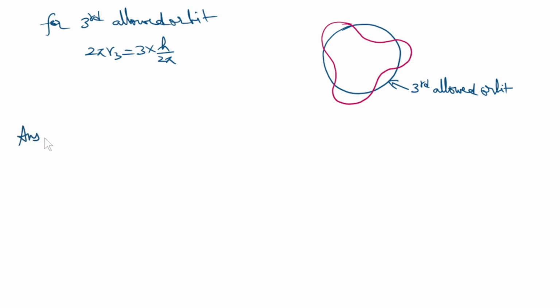Now answer part C. De Broglie wavelength of electron in the second allowed orbit should be given by lambda equals h by mv2.